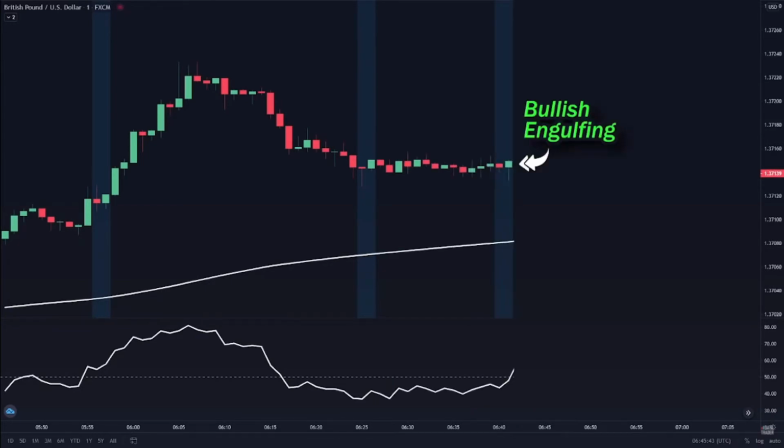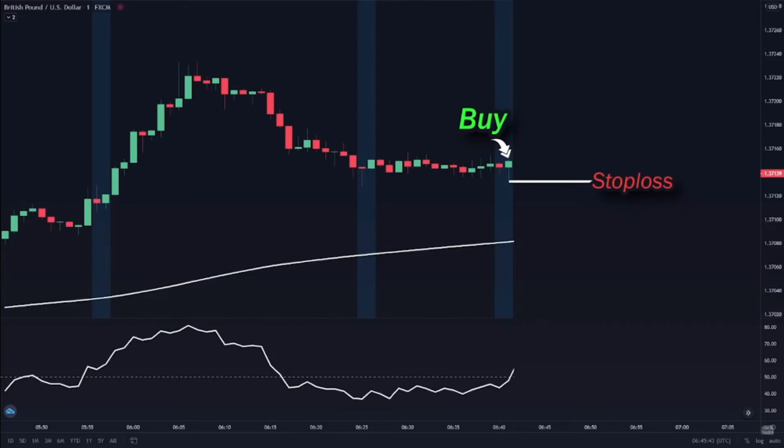Next, we can see that another bullish engulfing pattern has formed, but this time the RSI is already above the middle line. So, this is our entry signal, and you want to take a buy position here. Now, for your stop loss, you set it below your entry candle here, and for your profit target, you set it at 2 times your stop loss, and so as you can see, this trade ended up being profitable.